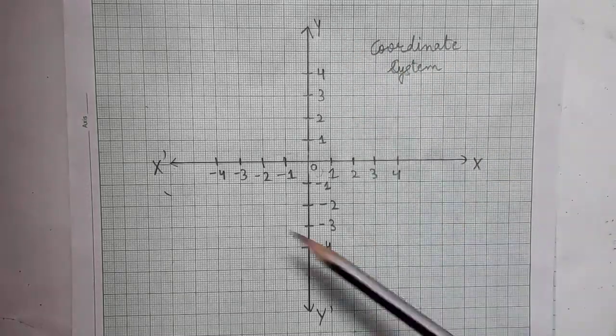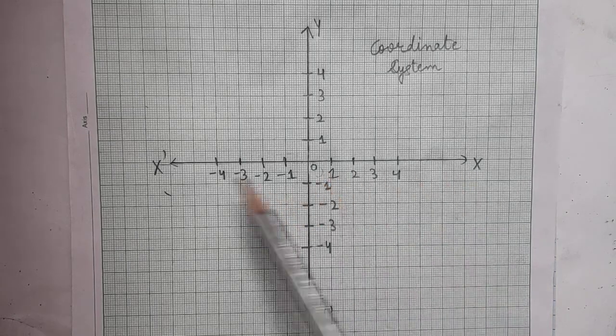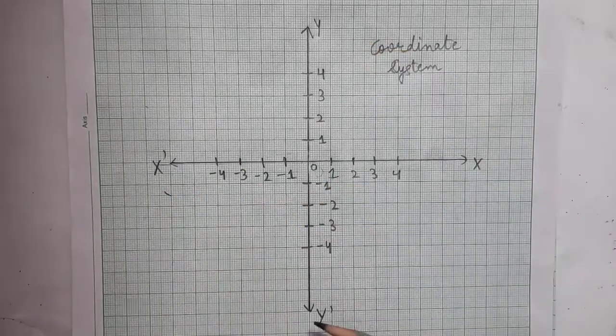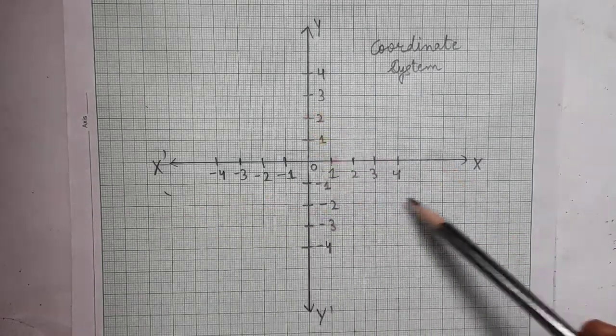We have drawn two number lines, that is XOX dash and YOY dash. These two lines are perpendicular to each other.